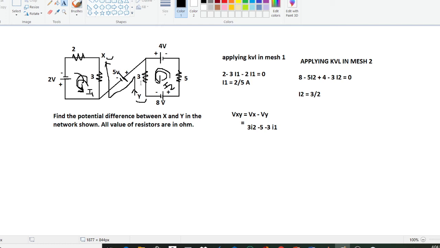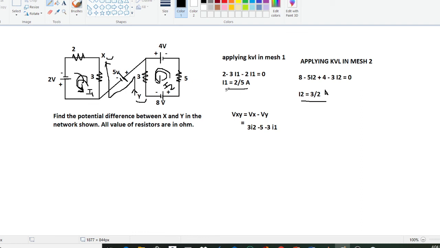So it will be 3I2, minus 5 volt and again minus 3I1. Here we have obtained the value of I1 and I2: I1 is 2 upon 5 ampere and I2 is 3 upon 2 ampere.